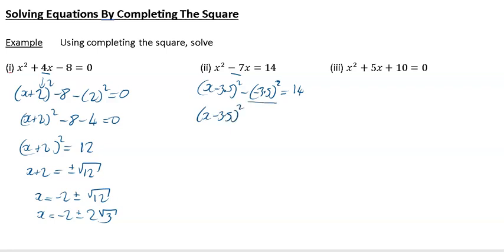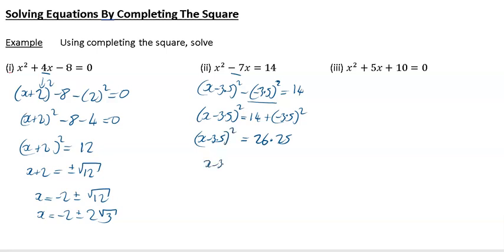This minus 3.5 squared has to go across the other side, so we have 14 plus minus 3.5 squared. Fire that into your calculator and see what you get. So when I did that, I got 26.25. So that was x minus 3.5 squared was equal to 26.25.